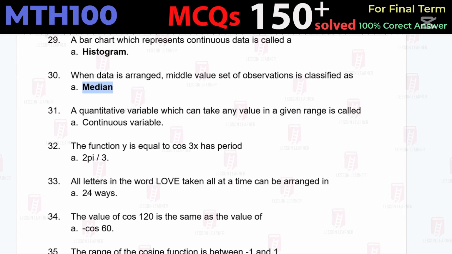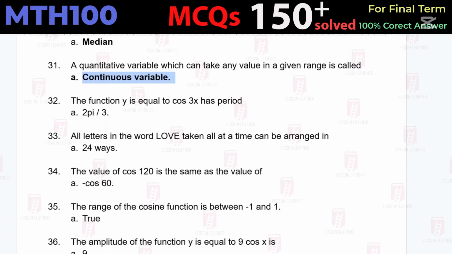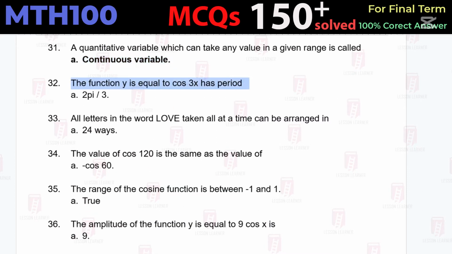A quantitative variable which can take any value in a given range is called continuous variable. The function y equals cos 3x has a period of 2 pi divided by 3.